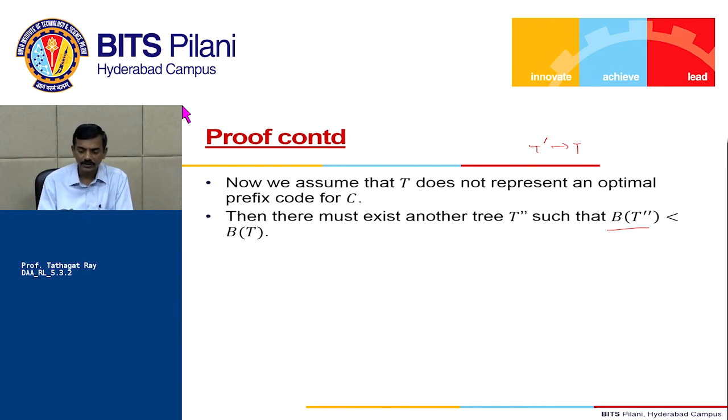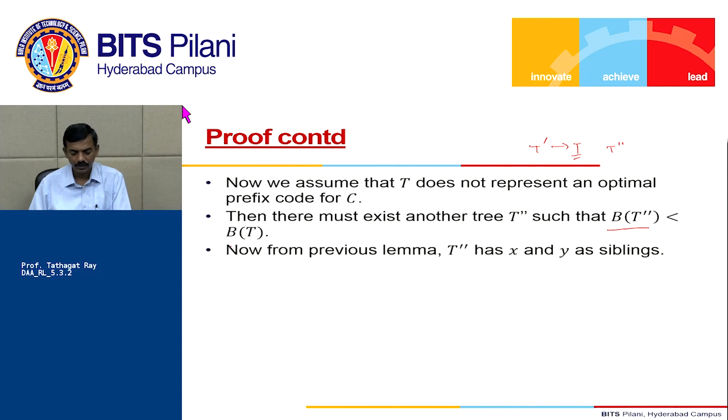The claim is that this T is also optimal, because if it is not, then I must have another tree T double prime whose cost is strictly less than the cost of T. But we have already proved in the previous lemma that this optimal prefix code will have x and y, the two lowest frequency characters, as siblings.